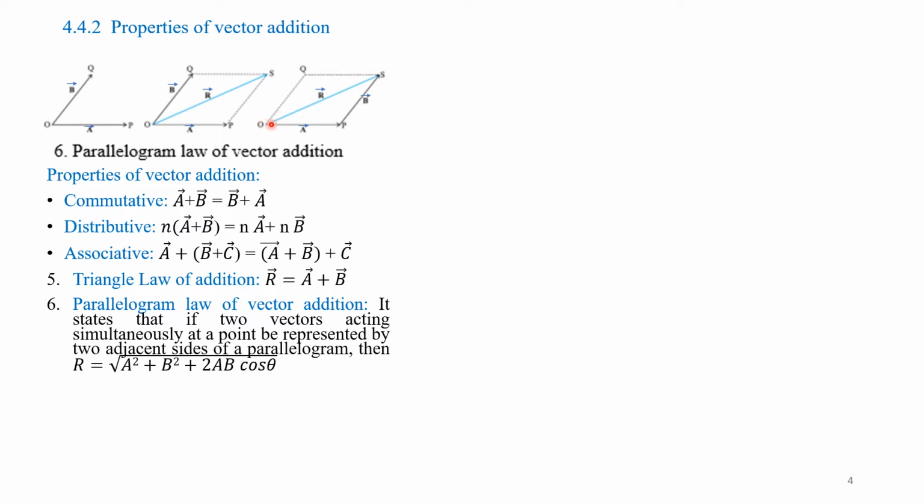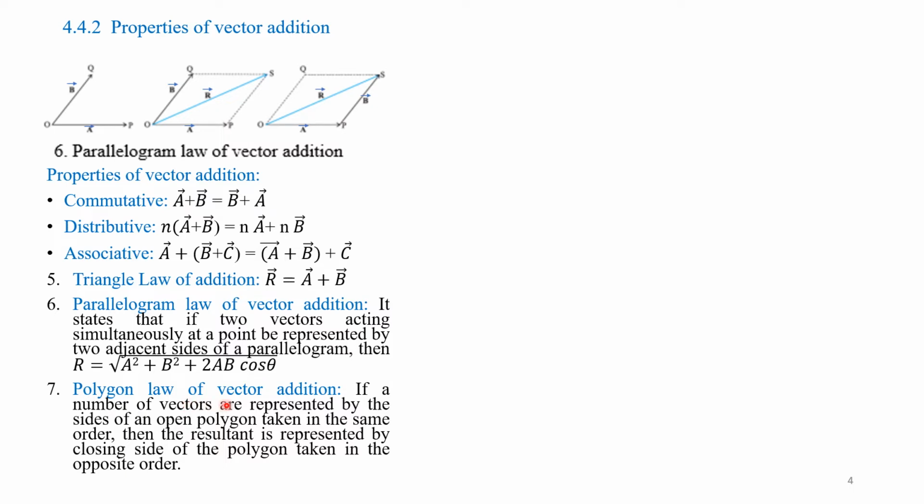Then the resultant is the square root of A square plus B square plus 2AB cos theta. That is using Pythagoras theorem. So we can define the resultant R as the square root of A square plus B square plus 2AB cos theta. These are the basic things of geometry.